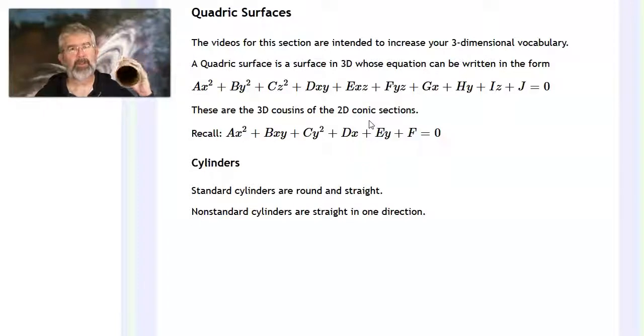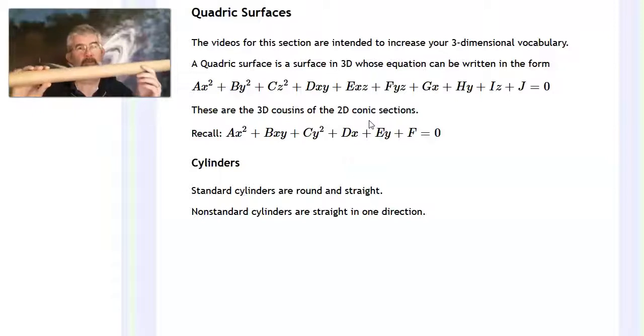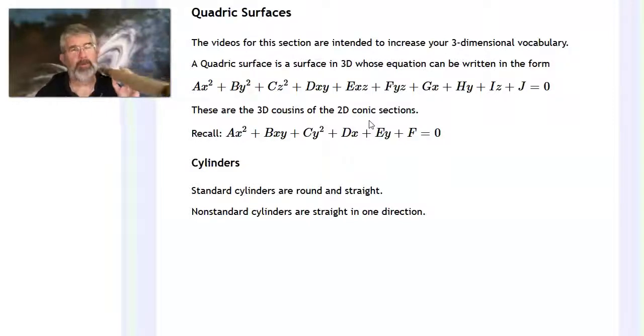I think of something that's got a circular cross section, and it's extruded in the perpendicular direction, infinitely long. So it's this really long circular thing. I like to say they're round and they're straight. Round in one direction, straight in another direction.